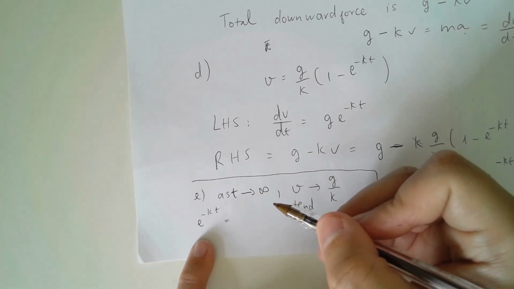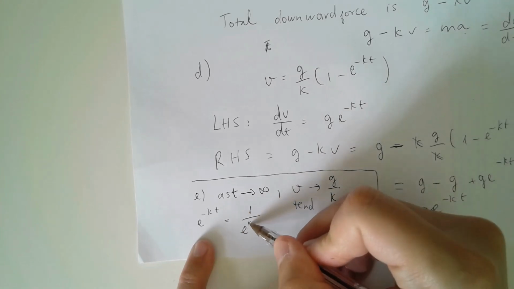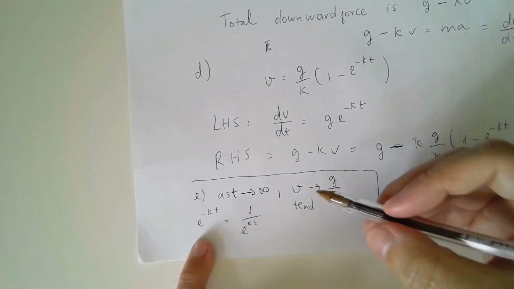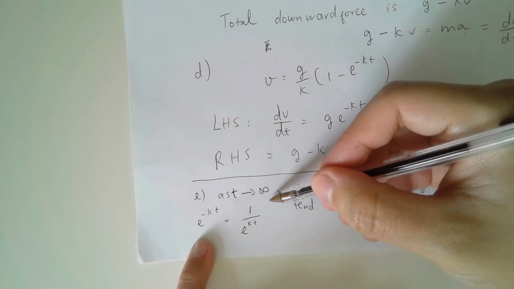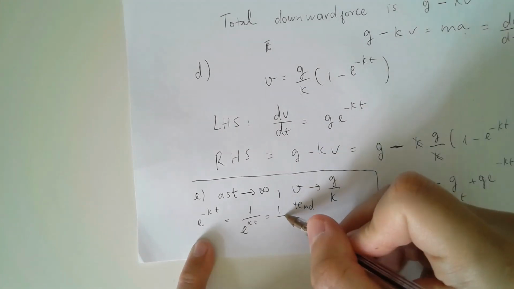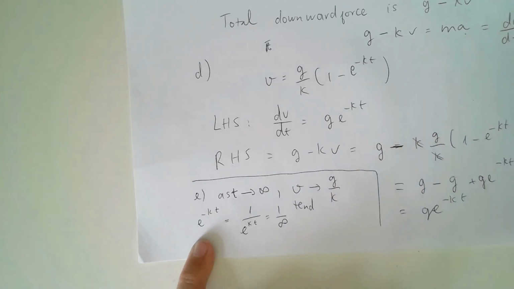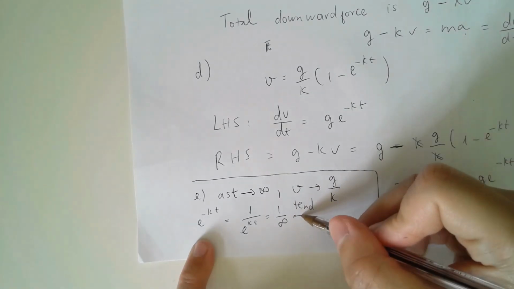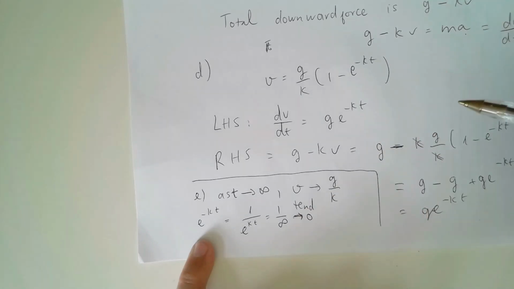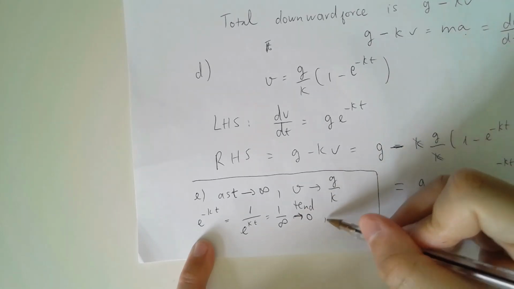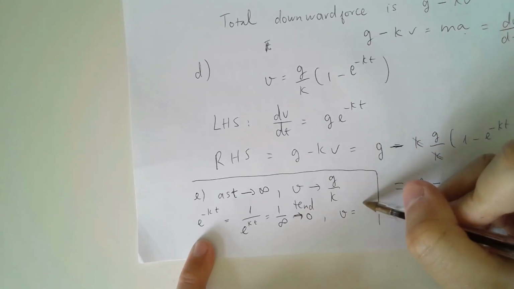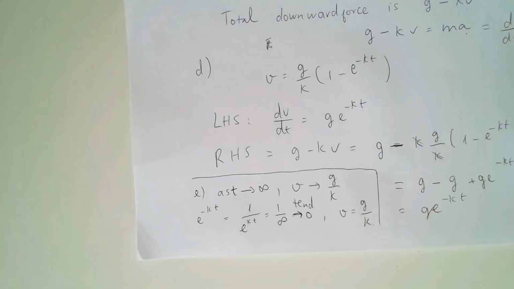Based on the index law, you can write 1 over e to the power kt. So when t goes to infinity, that equals 1 over e to the power infinity, which gives infinity. So 1 over infinity tends to 0. That's the reason why V equals g over k. Yes, that is explaining why it happens.